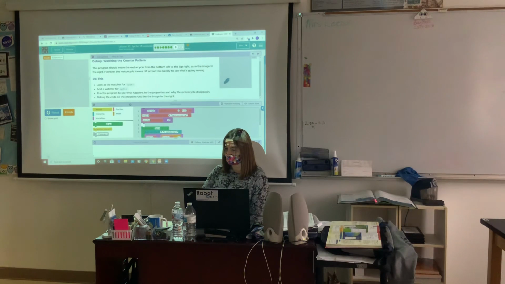If I want to add it, it says I need to look at what variable and which property. We want this to be for cycle Y. So that's going to be Sprite dot Y. And I guess I type it. Cycle dot Y. We're going to add.